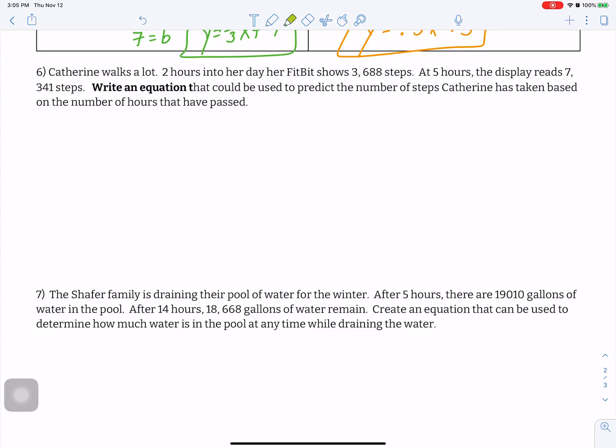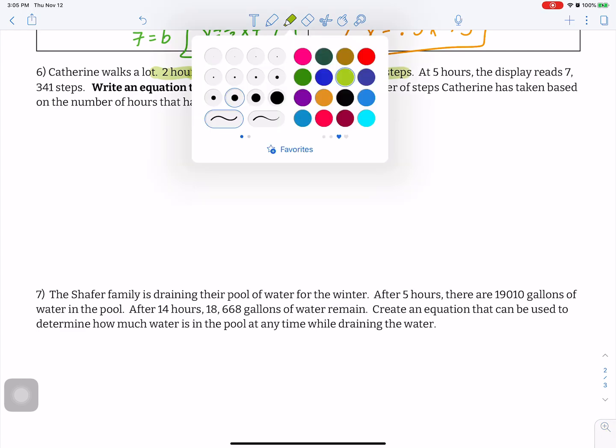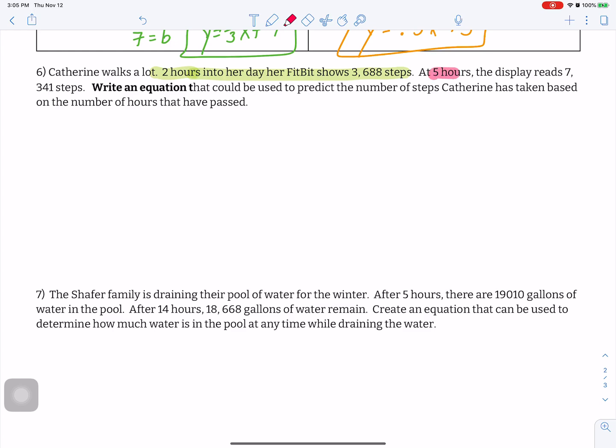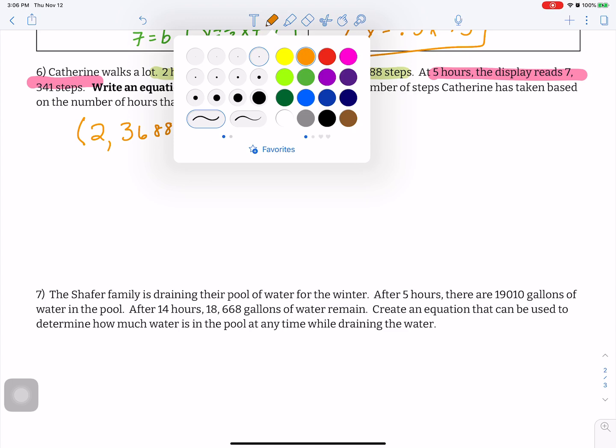What I'm really doing is I have essentially this is a point, and my other information here would also be a point. So I have 1 point saying 3,688, and another point is 7,341. So with this, now I'm going to do my same stuff that I was doing before.